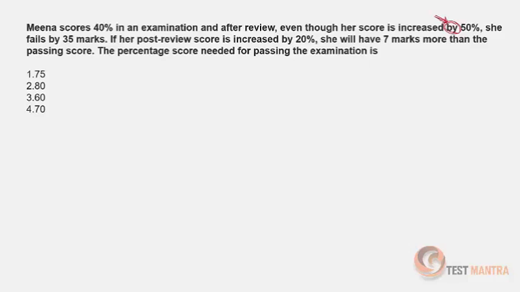If we draw it in number line format, just to identify what's happening, earlier Meena scored 40%, so let's consider this one is 40% here. After review, her score is increased by 50%, so 50% of what?